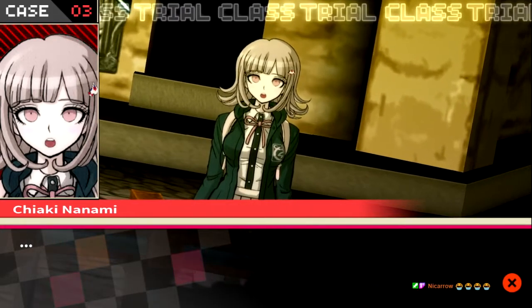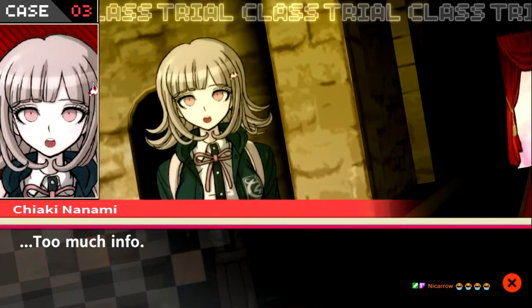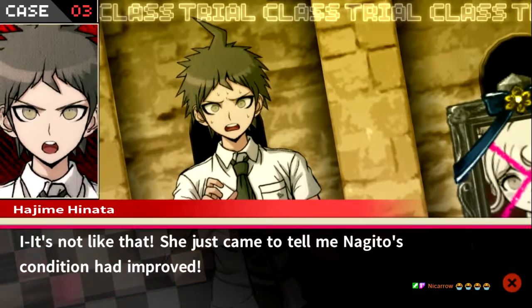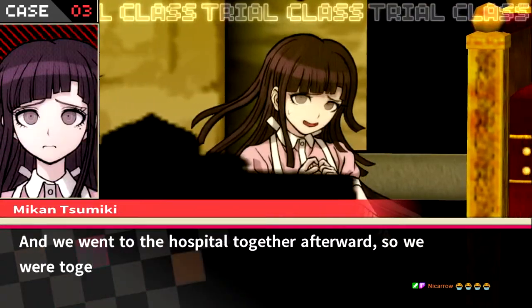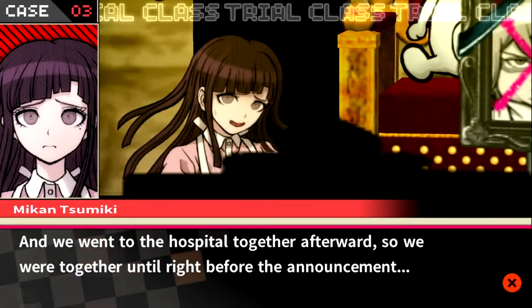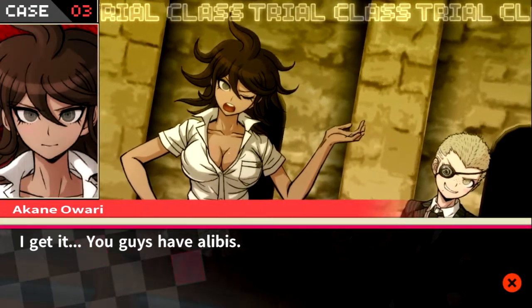And Chiaki's kinda jealous. Too much info. Yeah, it's not like that. She just came to tell me Nagato's condition had improved. And we went to the hospital together afterward. So we were together until right before the announcement. I get it. You guys have alibis.